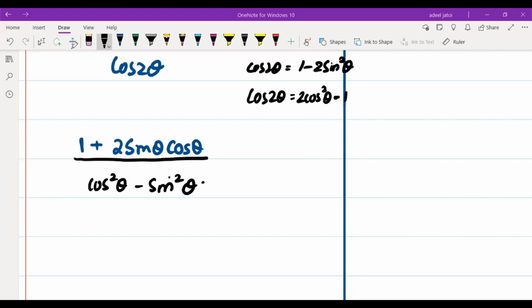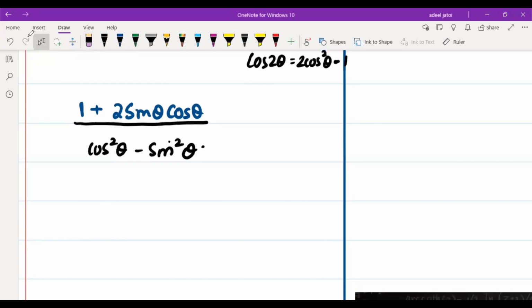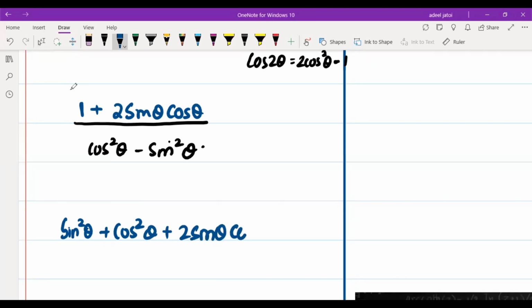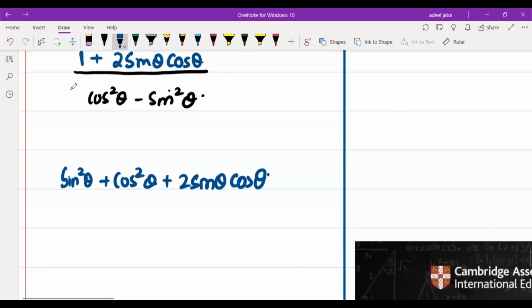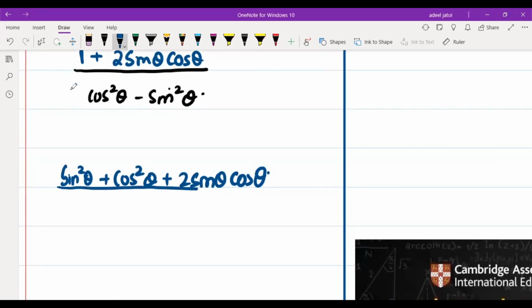So using this method, in this place of 1, we can write down sin square theta plus cos square theta plus 2 sin theta cos theta upon cos square theta minus sin square theta.